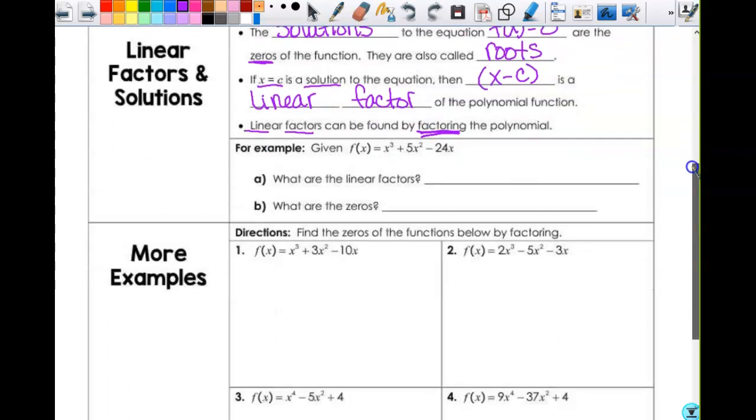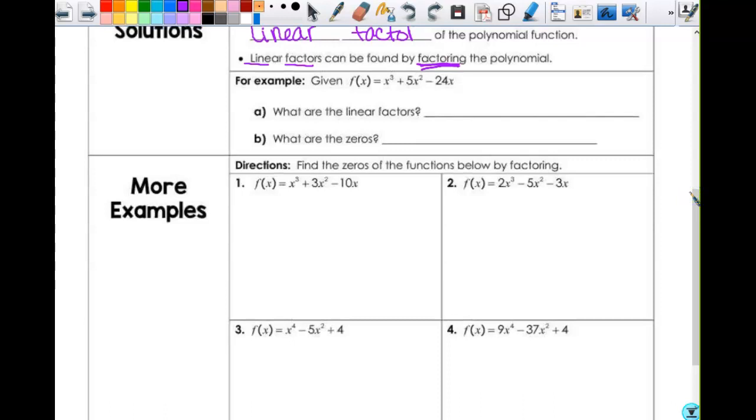So, for example, I have an extra example over here. If we're given this, it says, what are the linear factors? So I need to factor this, right? What's the first thing I always look for? GCF. So this would be equal to x times x squared plus 5x minus 24. Then I get x out here, and I'm going to get 2 binomials.